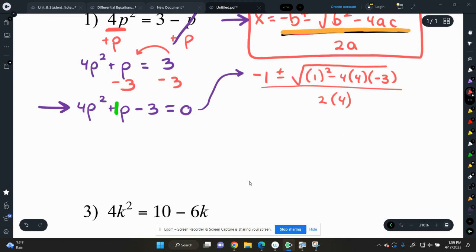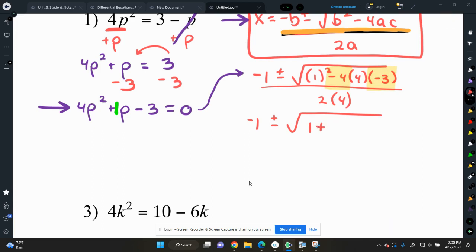So we have negative 1 plus or minus the square root of 1. Okay, now look, we have a negative 4 times a negative 3. That's going to give me a positive. So it's going to be plus 4 times 4 is 16. 16 times 4 is 48.